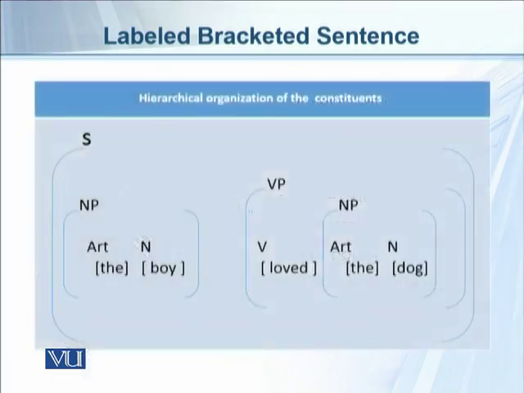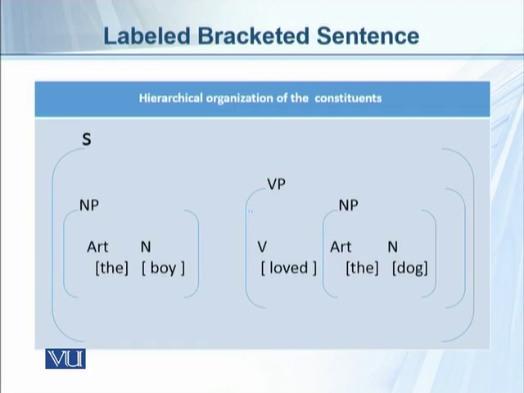You can see that we have the largest constituent, that is the sentence. Sentence is the highest in the hierarchical structure of a sentence. So this is the hierarchical organization of the constituents. We have the sentence and then we have a noun phrase.